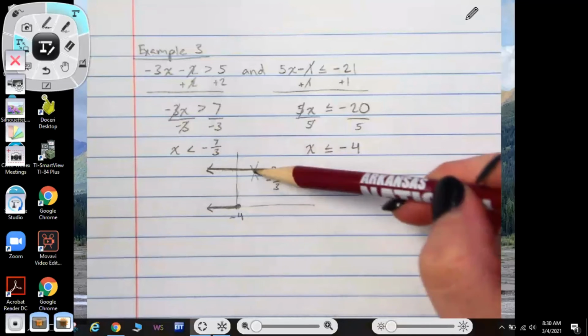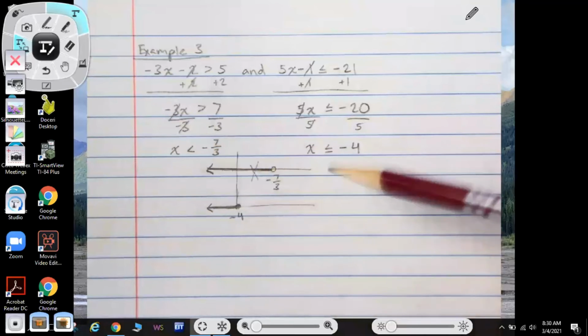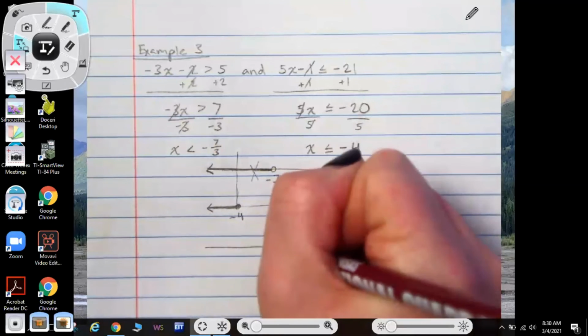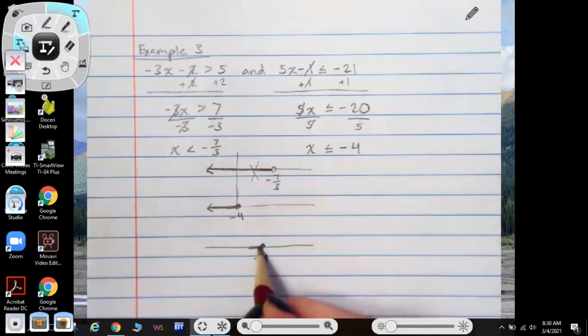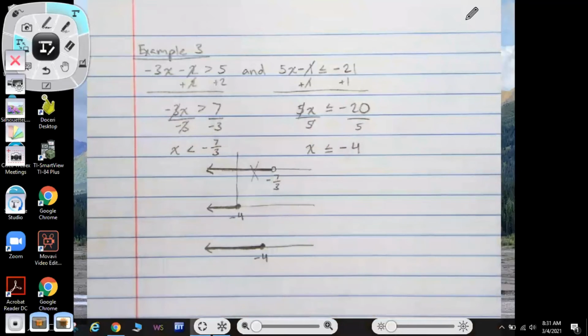So we can't include it in our solution. It has to satisfy both of our inequalities. So our solution is just going to be a closed circle at -4 and shade all the numbers less than that all the way to -infinity.